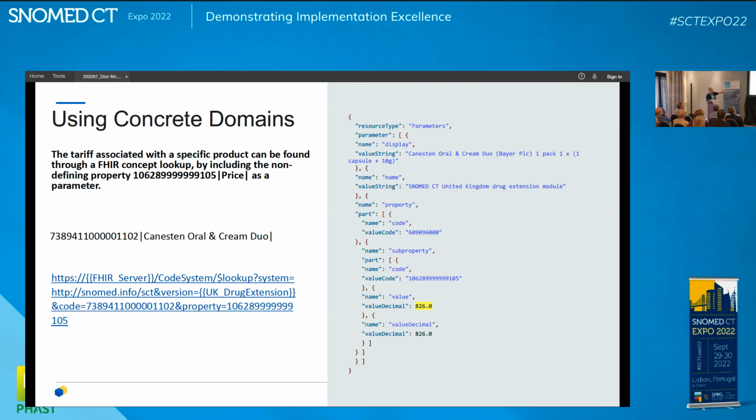You can see we've got again a concrete domain value that's coming out for, in this case, a tariff. So you can, again, use that in ECL. It comes out in the FHIR representation as well automatically as properties. So there's a lot of advantage in putting these non-defining properties in as just effectively non-defining relationships, and we had this discussion at the advisory groups the other day, so it's quite powerful.